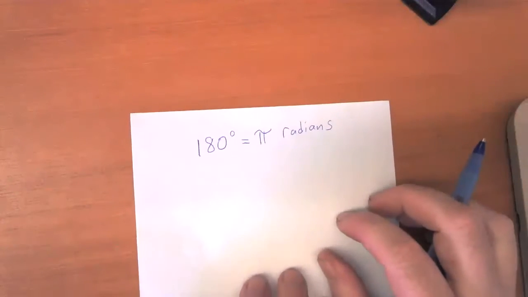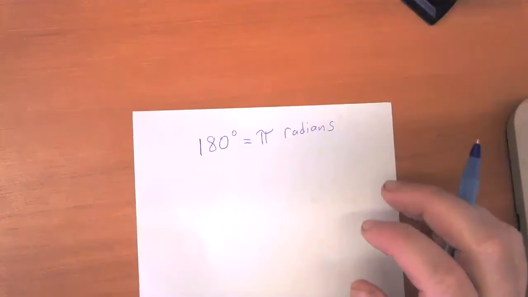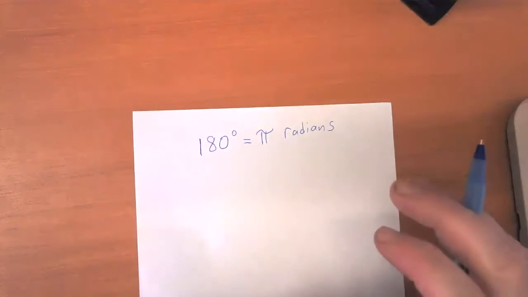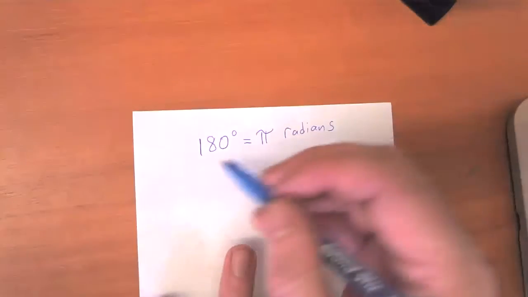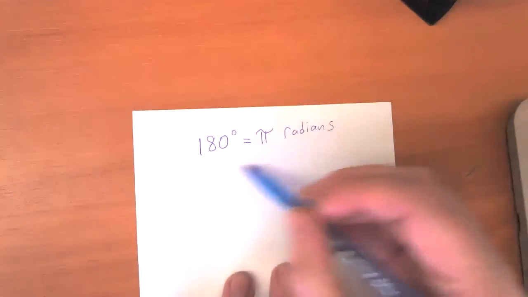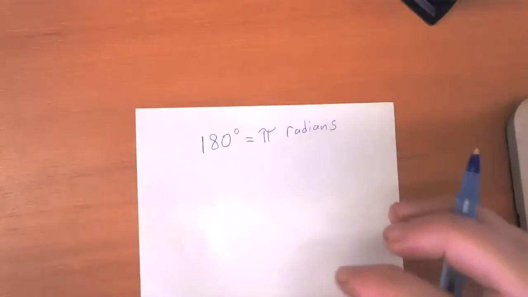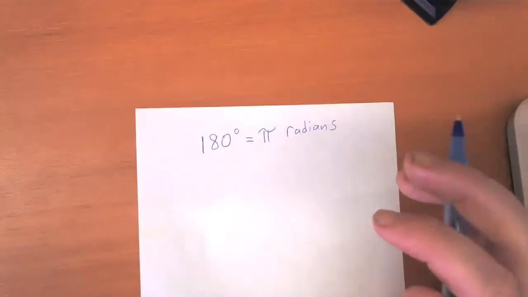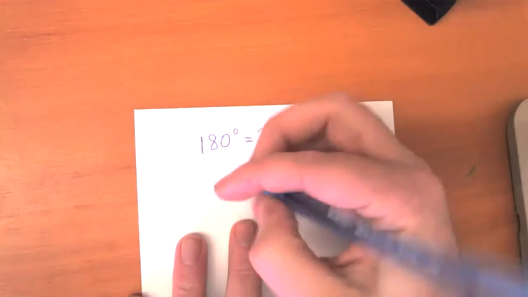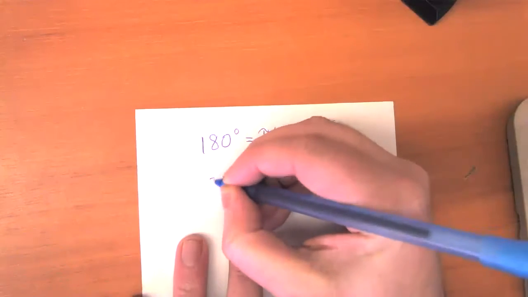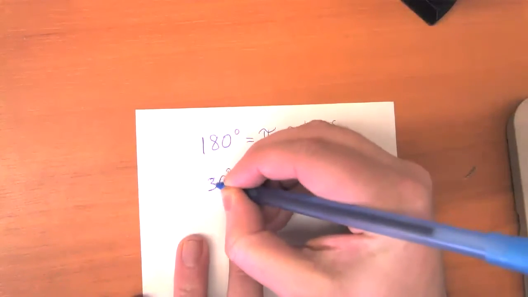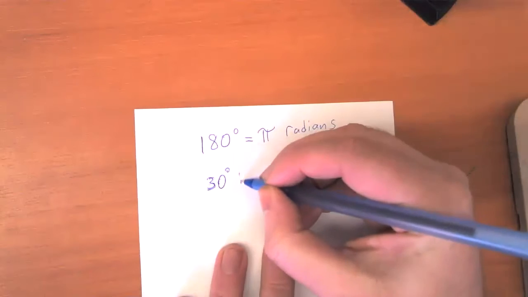That if I told you that there were 4 quarts in a gallon and wanted to know how many quarts there were in 17 gallons, you might set up a proportion using this as one of your factors. So for instance, let's say that I wanted to express 30 degrees in terms of radians. All right, in radians.